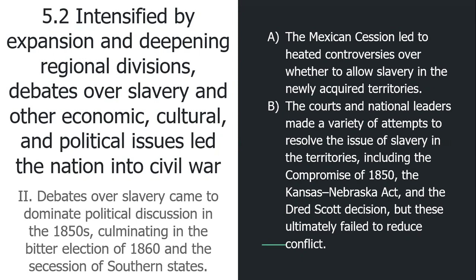So yeah, it's getting crazy, right? And it's only going to get crazier the further we go down into this period of the AP material, getting through the Civil War into Reconstruction, everything that comes afterward.